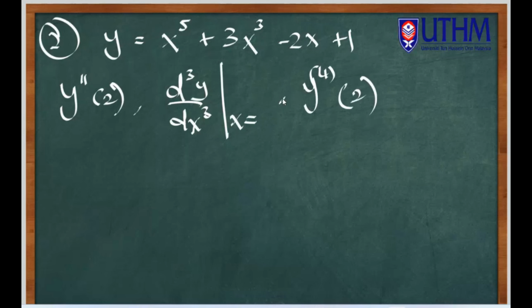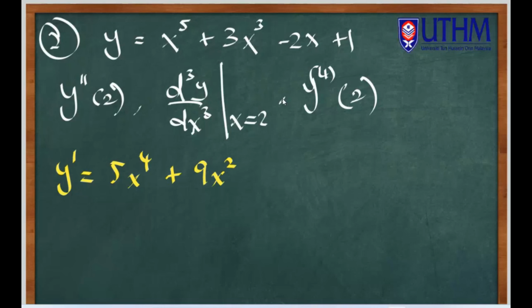How can we solve this? We need to find the second derivative, so we just differentiate. We get y prime equal to 5x to the power of 4 plus 9x squared minus 2, which is the first derivative.